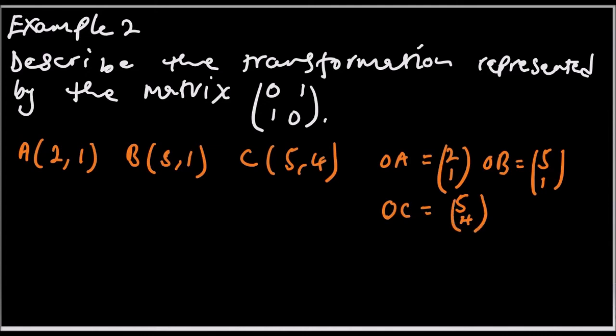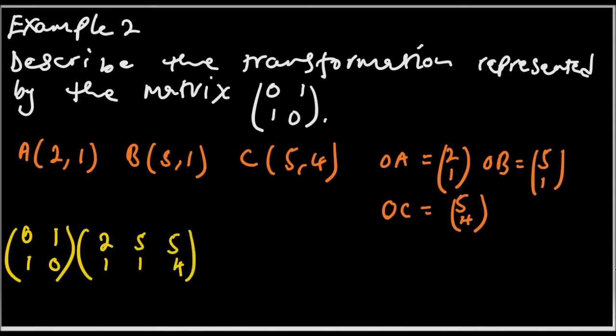After we do that, what we do is pre-multiply the matrix formed from the position vectors of our triangle by our matrix. So we have 0, 1, 1, 0, and then we have 2, 1, 5, 1, and 5, 4. Just like we have done, 0 multiplied by 2 is 0, 1 multiplied by 1 gives 1. So 0 plus 1 is 1. 0 multiplied by 5 is 0, 1 multiplied by 1 gives 1.